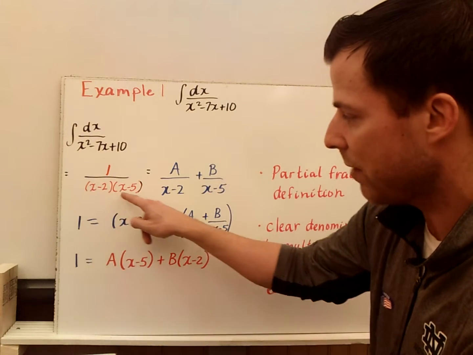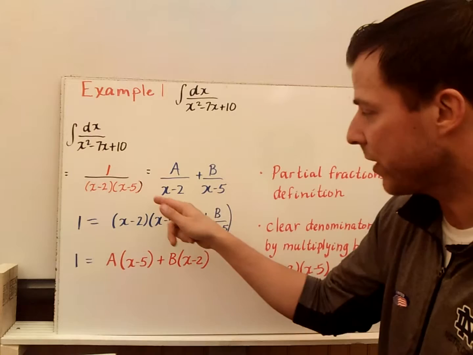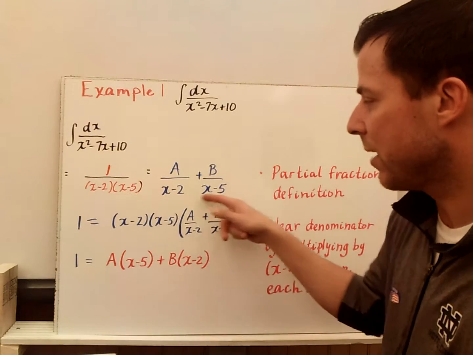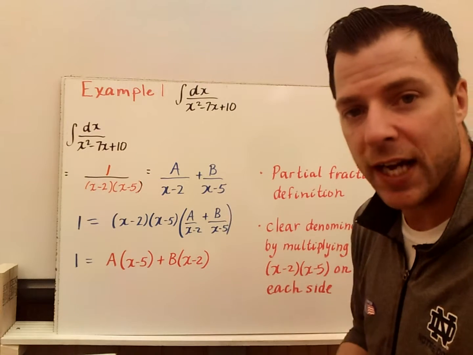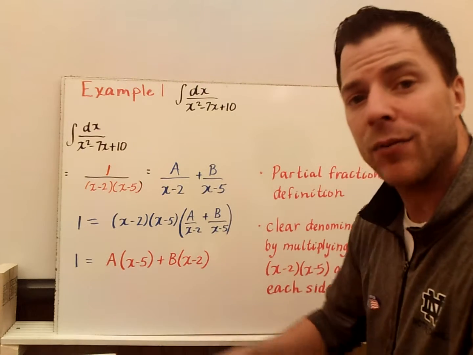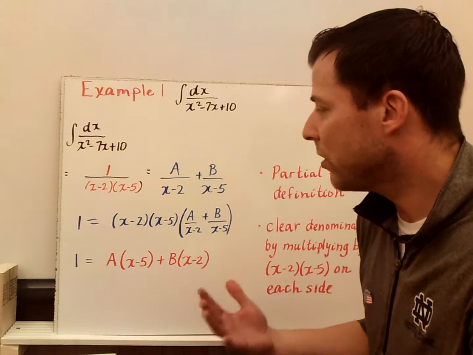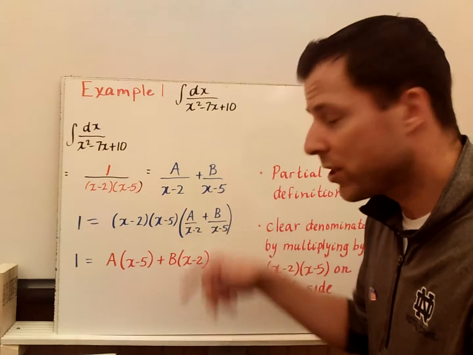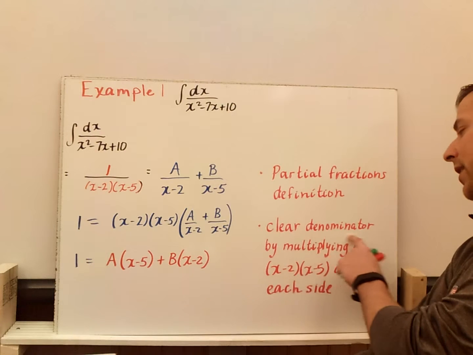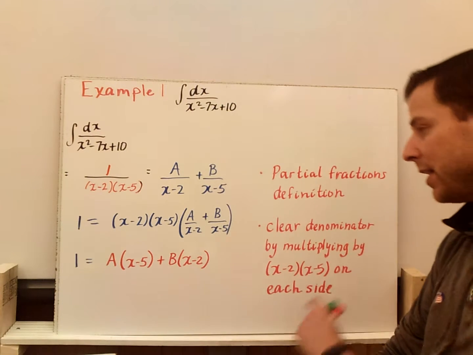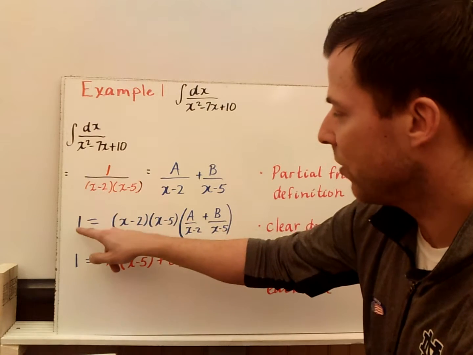The idea is A, B, C, and it keeps going; you start with A. There's the partial fraction decomposition. The goal now is to find A and B, and once I find them, I can integrate. We don't like fractions in the denominator, so I'm going to clear the denominator by multiplying each side by x minus 2 times x minus 5. On the left I get 1.